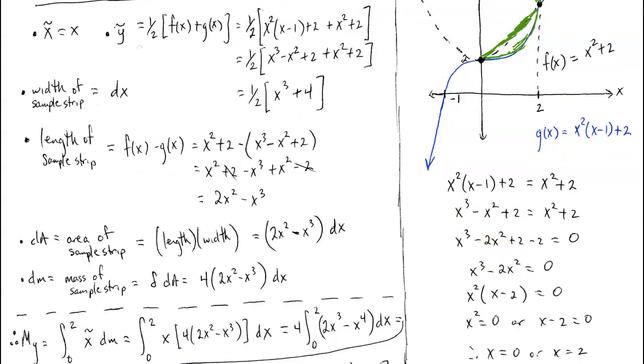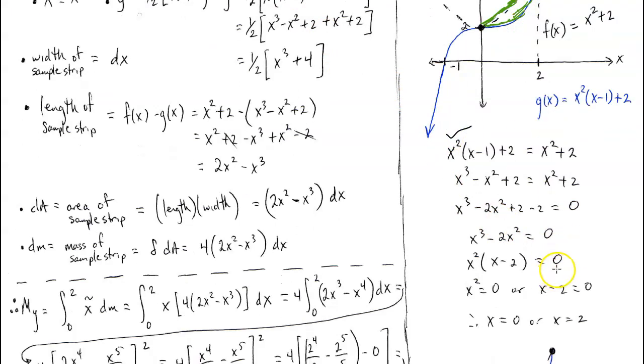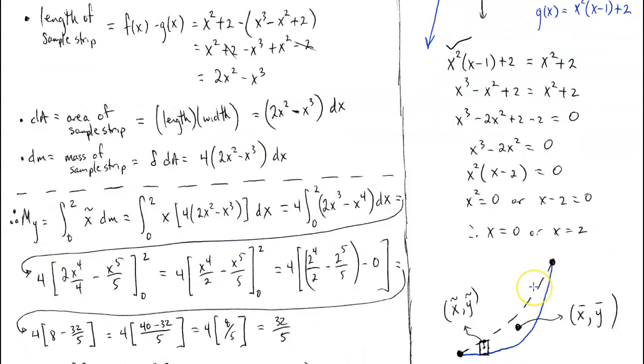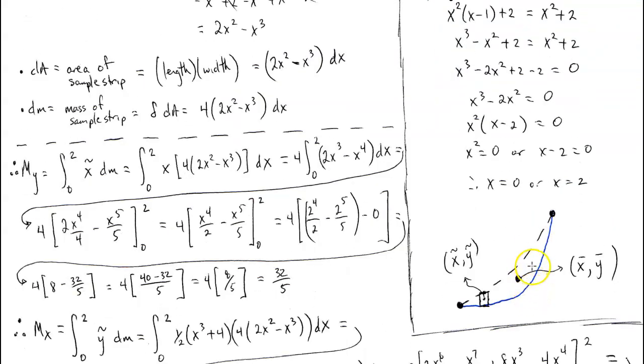Now, if we just set the two functions equal to each other, like how I've done here, in solving this equation we'll find that x either equals 0 or x equals 2. And so that's where our limits of integration will be. Okay, and so again, our plate will look like what you see here.